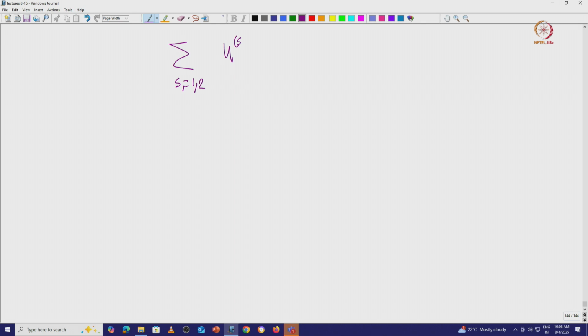So, the sum over S equal to 1 to 2 of U of S of P, U bar of S of P is equal to P slash plus M. Now, you see this is U bar. The previous one is U bar U, so this is like an outer product, UU bar.